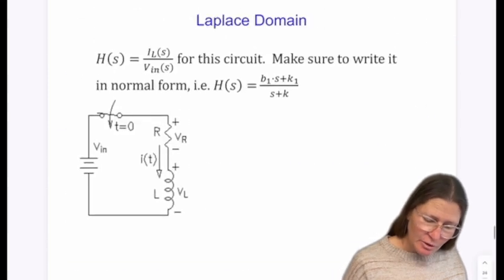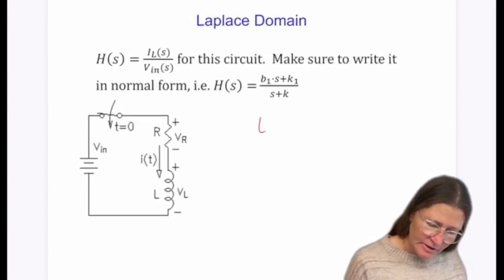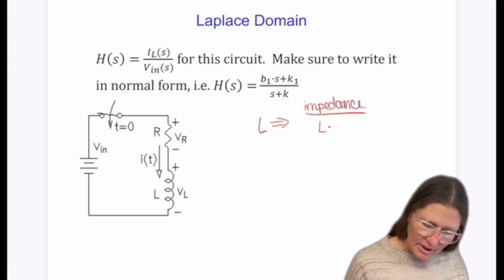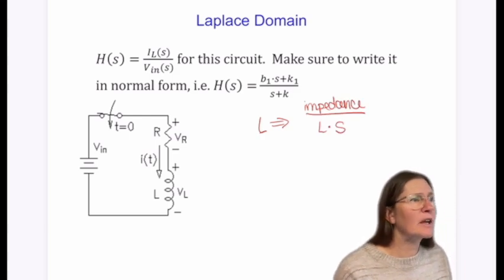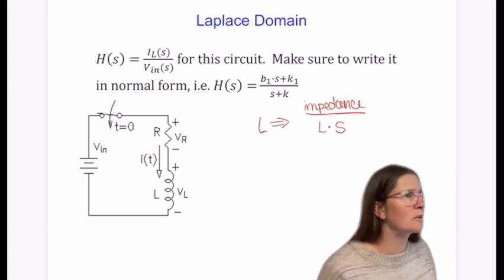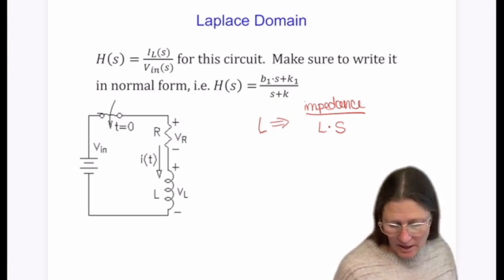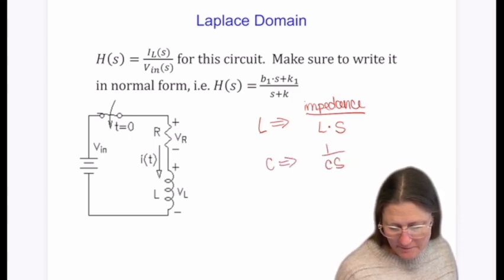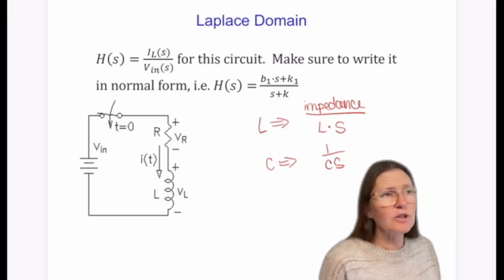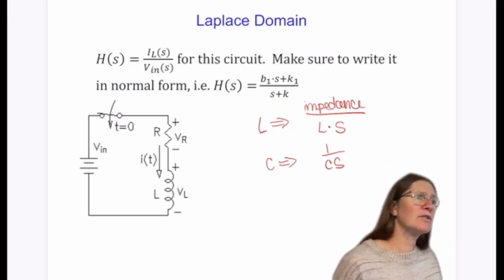How you do the Laplace is that your L element can be changed over into an impedance, and then you treat it just like a resistance and analyze the circuit like that. So you can change this over to the impedance side, which would be L times S. And for a capacitor, it will be 1 over CS.